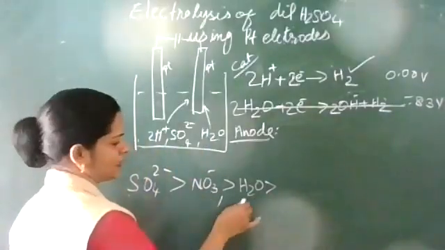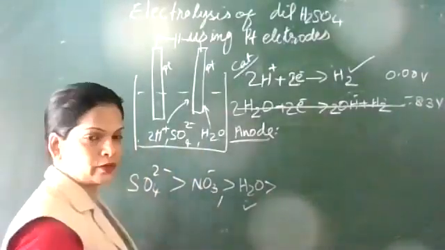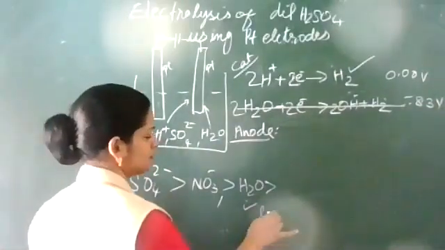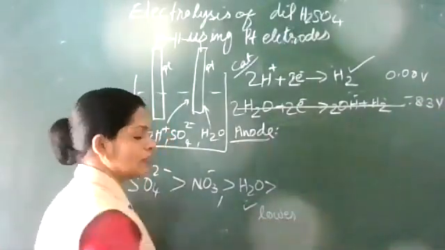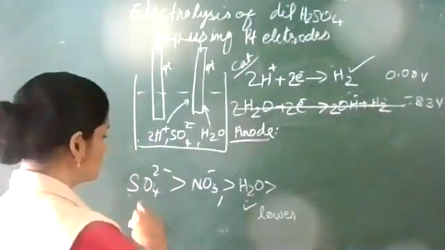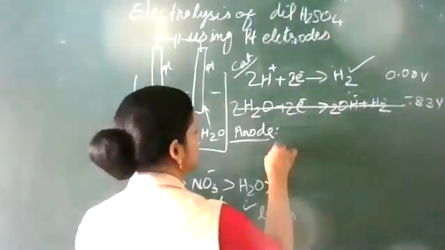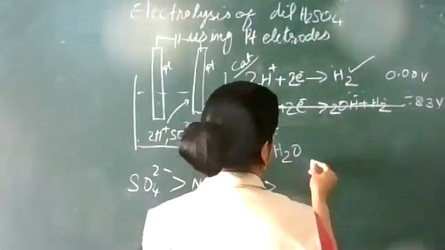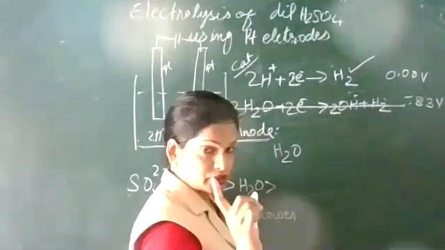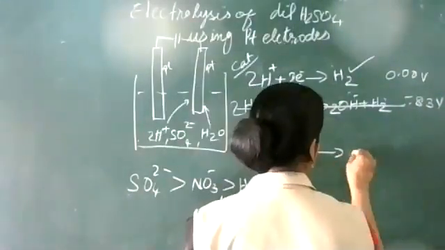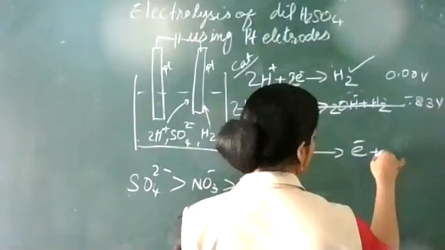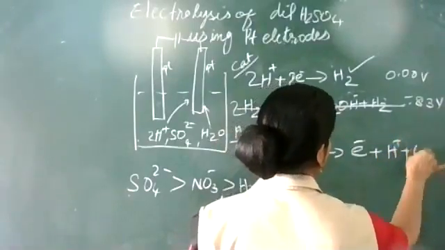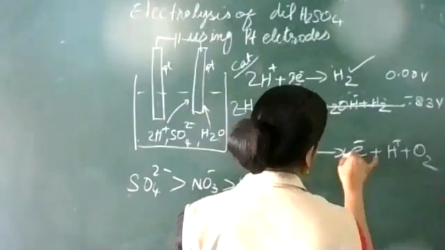You can make out that H2O will go first, with the lower inert value on the lower side. At the anode, the lower inert value is preferred. So not sulfate, H2O will undergo oxidation. At the anode there is oxidation. Oxidation means removal of electrons; acid will be produced and oxygen will be produced.